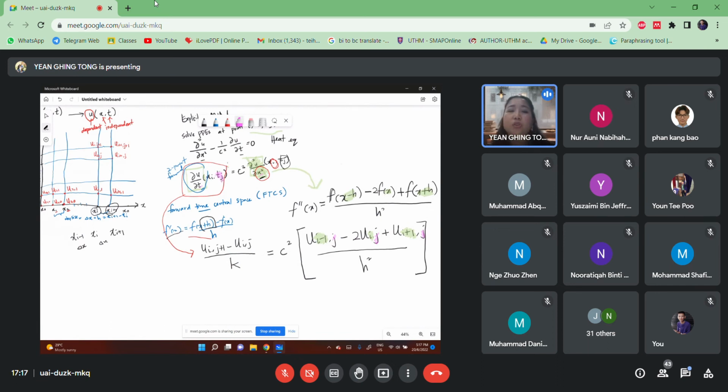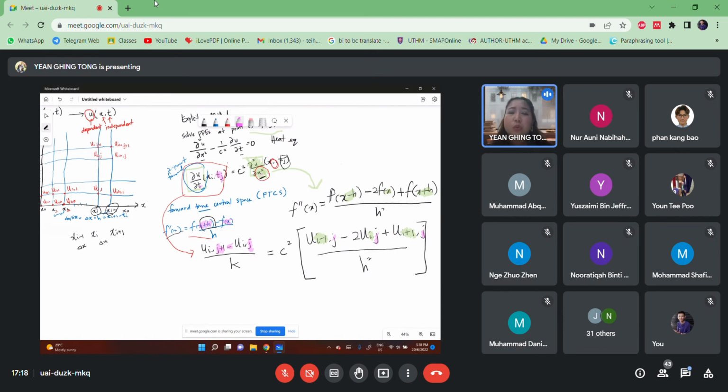J saja. So kalau ikutnya, dia punya 2 point forward, apa nampak? 2 point forward, dia adalah f(x plus h) minus f(x). So maksudnya kalau ini j, sebab ini t kan. j plus 1, lepas tu minus j. Boleh faham tak?